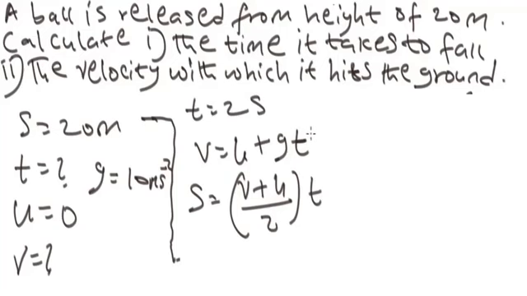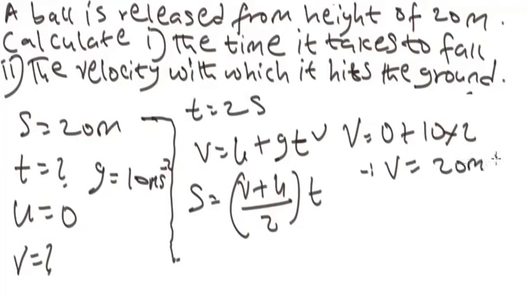Either will work, but let's use this one first. v will be the initial velocity 0 plus g, which is 10, times the time, 2. Therefore the final velocity will be 20 meters per second.